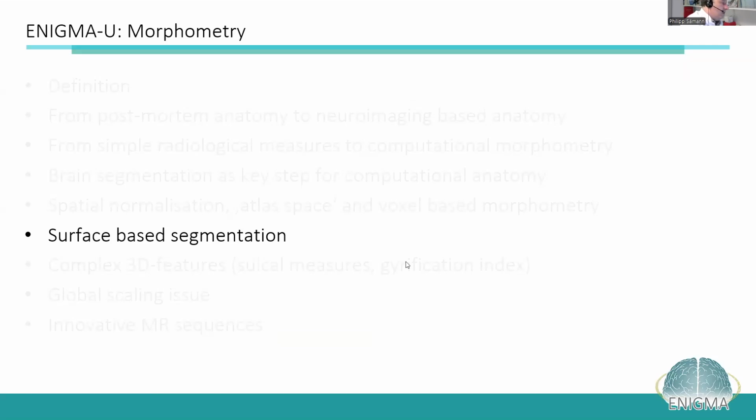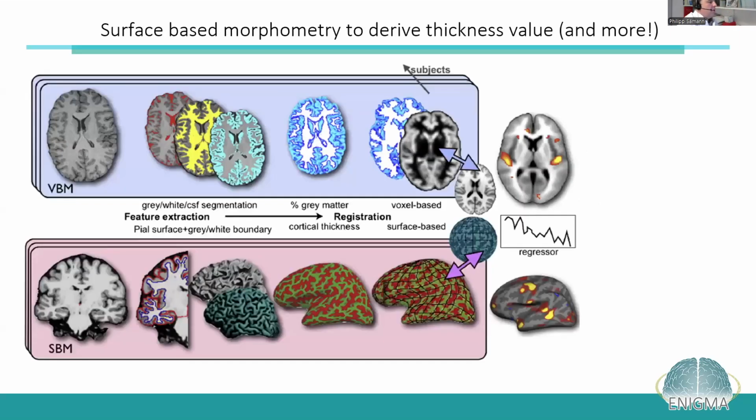Now, the next chapter is dedicated to surface-based segmentation. So far, we've talked about segmentation being based on a decision per voxel. So each volume element of an image is assigned to a certain compartment. When it comes to surface-based segmentation, the principle is a bit different.